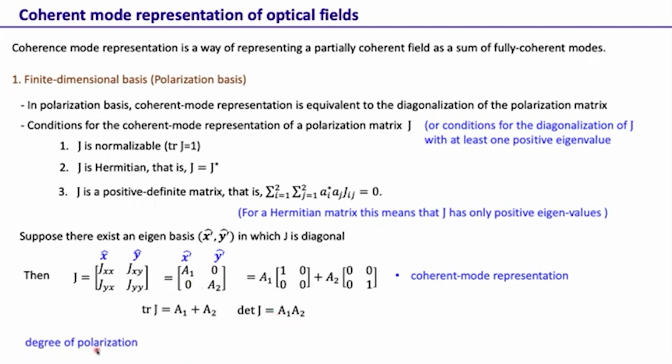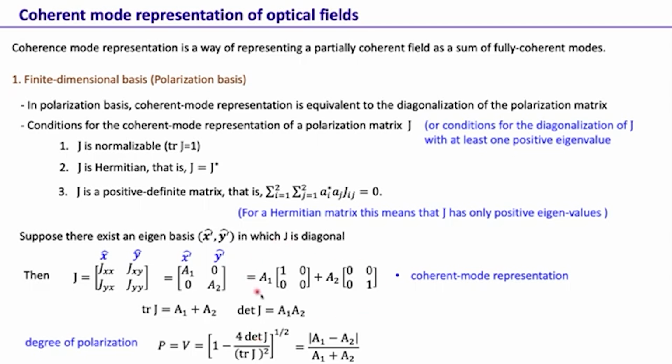So if we want to write the degree of polarization, which is defined like this, we can just put in a1 a2 for the determinant and a1 plus a2 for the trace, so this quantity becomes the modulus of a1 minus a2 divided by a1 plus a2. That's the visibility, and since this is a positive quantity, we have put the mod over here. So in terms of the eigenvalues of a matrix, we can write the degree of polarization as well.